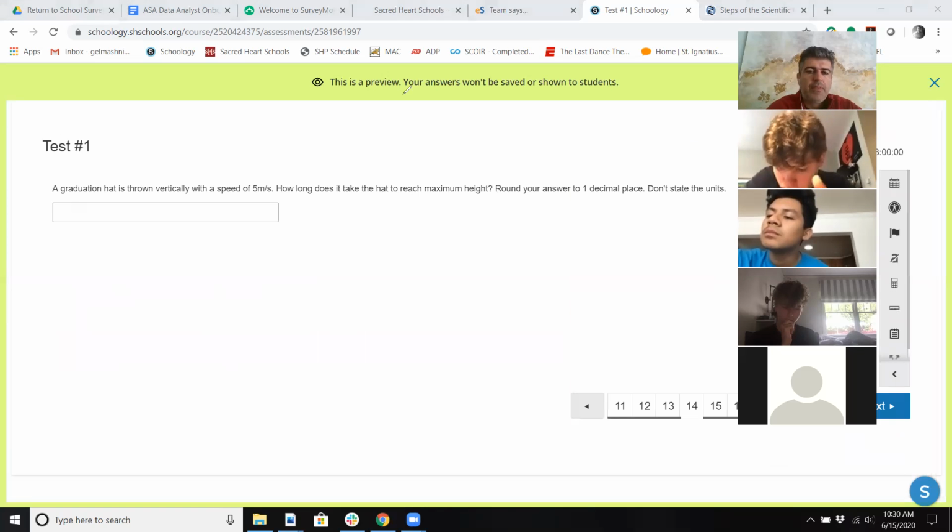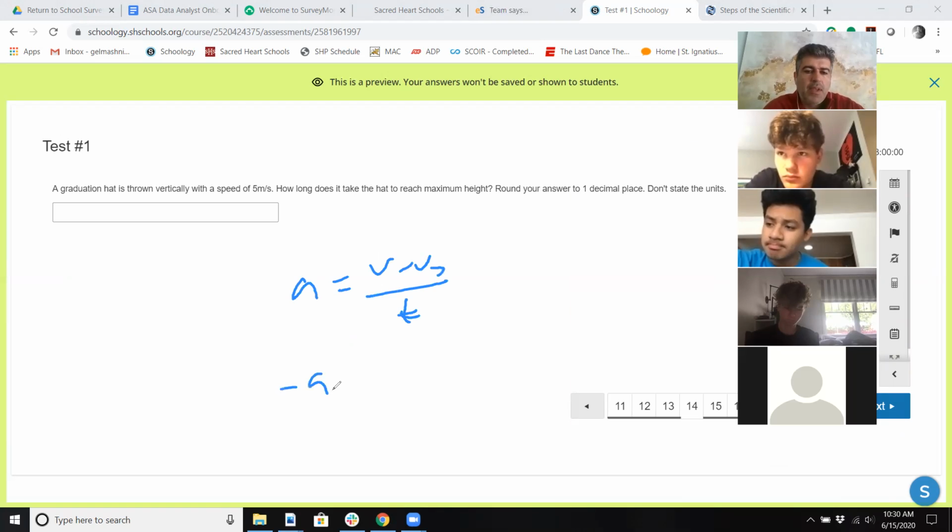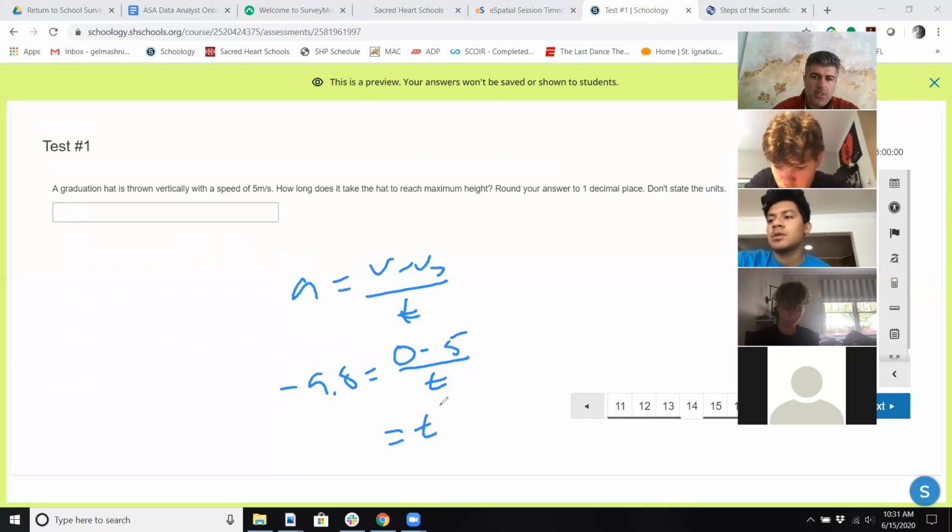So there we go. Acceleration is change of velocity over time. -9.8 equals your final velocity, 0, minus your initial velocity, of course 5, over time. And solve it, and you should get something close to 2. Yep, you get 1.96, I think.